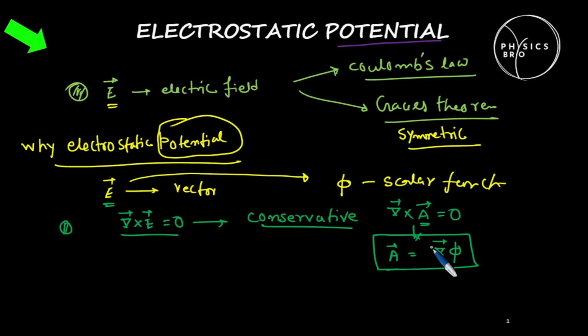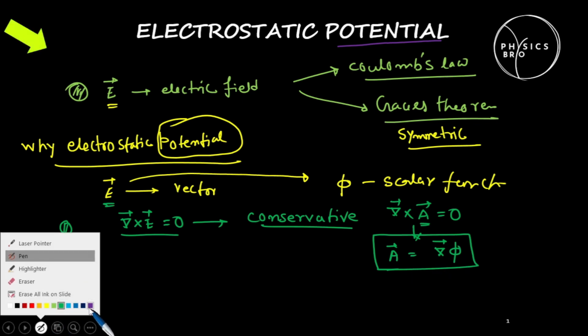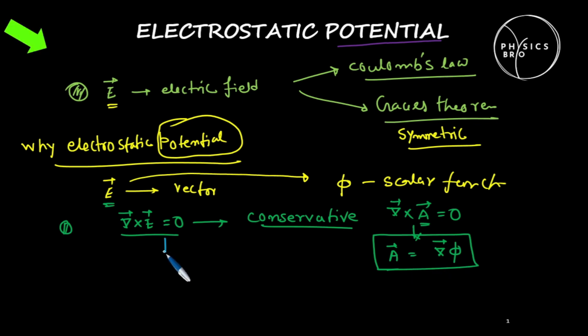So electric field can be replaced by this scalar thing, and scientists thought, okay, let's do it, and they replaced electric field by some mathematical expression of grad phi. So this is the basic and the most important idea.